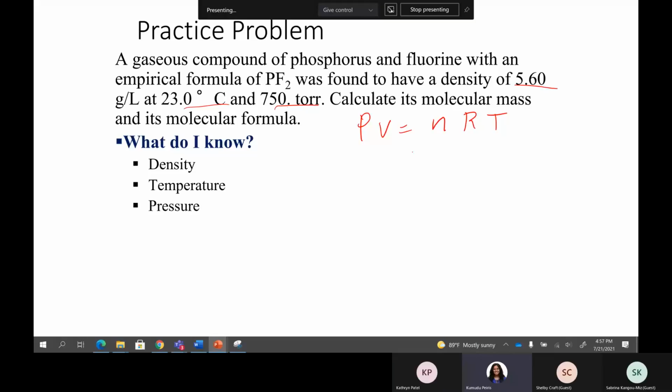Again, you will use the n as mass divided by the molecular weight. PV equals nRT. Okay, now I'm going to rearrange this. Mass divided by the volume, RT divided by the molecular weight, or the molecular mass, MM.